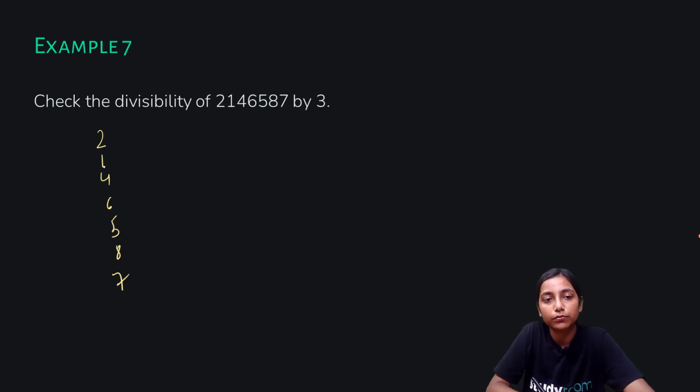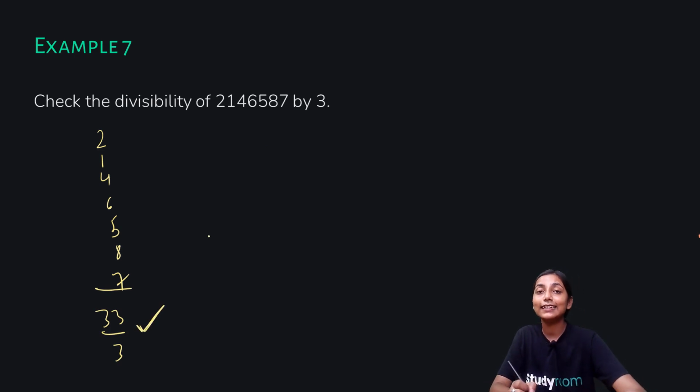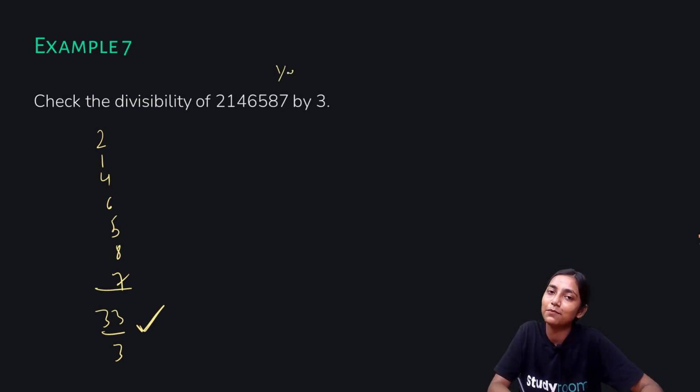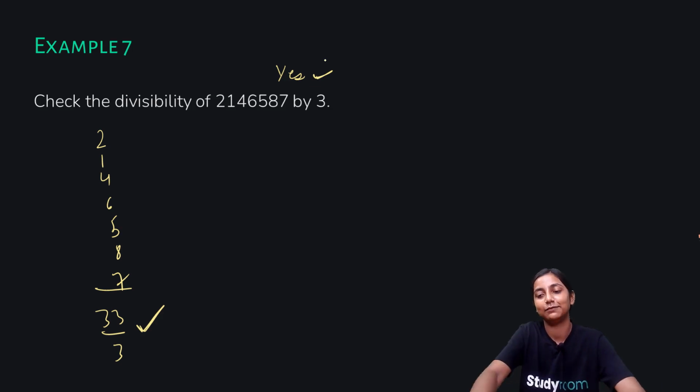Add this: 2, 3, 6 and 4, 10, 11, 12, 13, 13 and 7, we get 20, then 28 and 5, 33. So is 33 divisible by 3? Yes. Now since 33 is divisible by 3 and this 33 was the sum of all the digits, we can say that the sum of all the digits of this number is divisible by 3, therefore this number is going to be divisible by 3. This is for the divisibility check by 3.